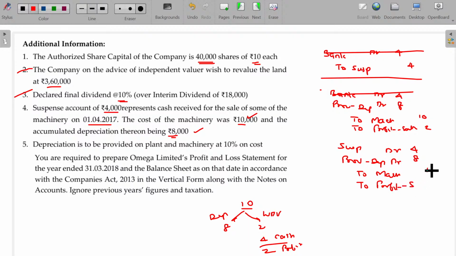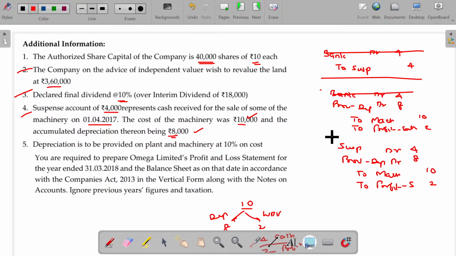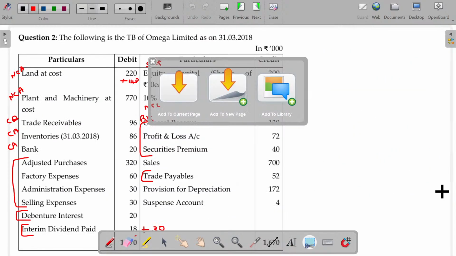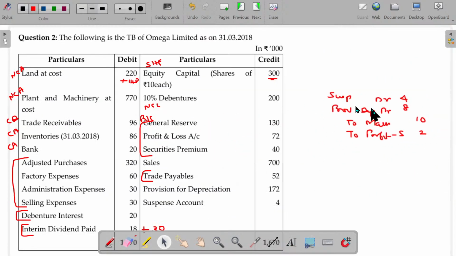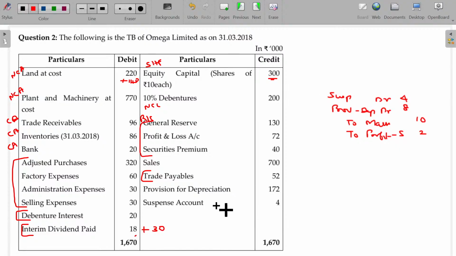4, 8, 10 and 2. Am I right? So you have to incorporate that. By incorporating, I assume this suspense is the credit. Because of this one, it becomes 0. Provision for depreciation, we already have 172, and by debiting 8 it is now 166.